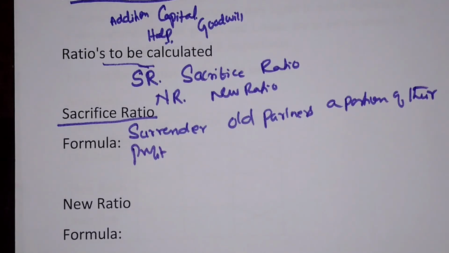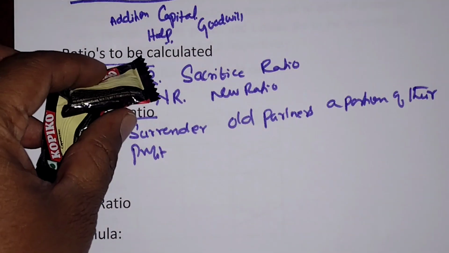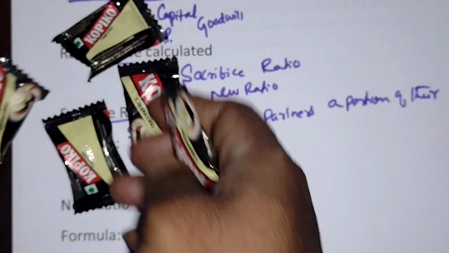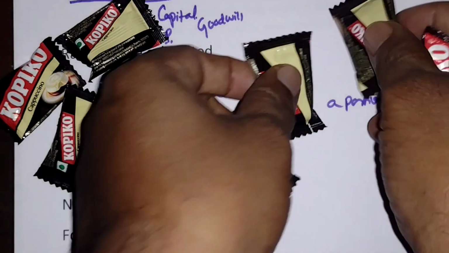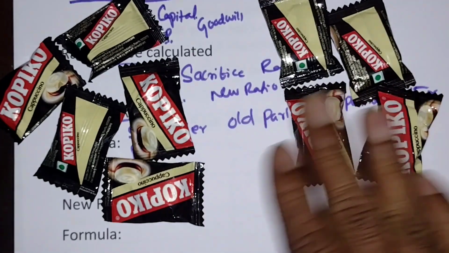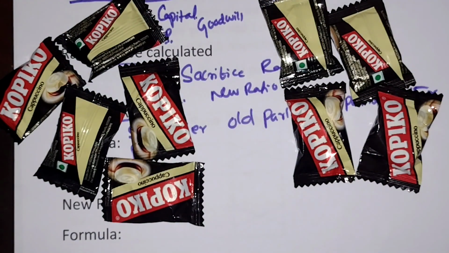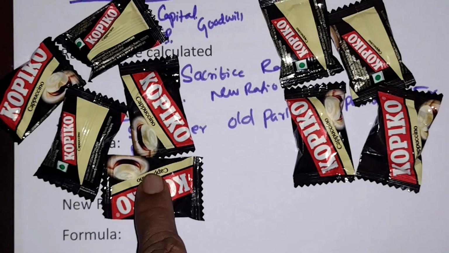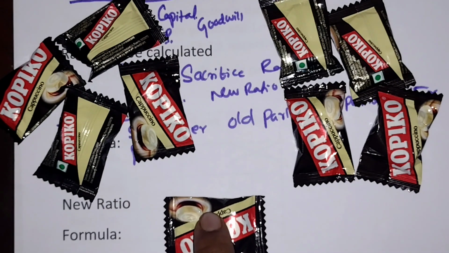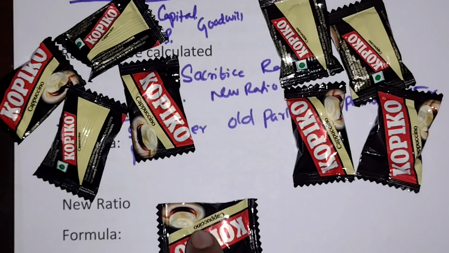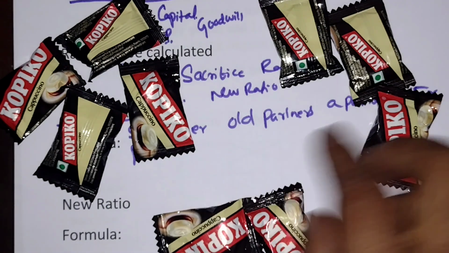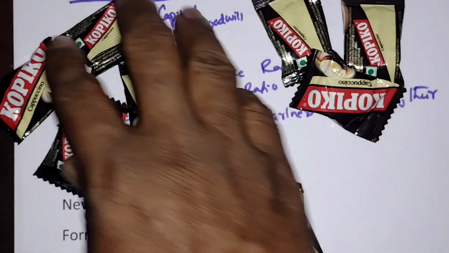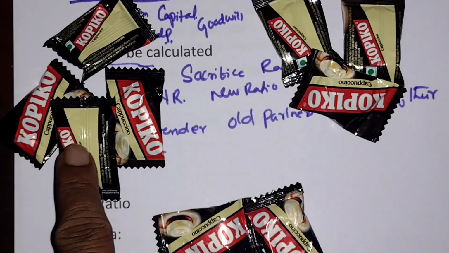Let me give one example. Mr. A is a partner. His profit is 5. Mr. B is a partner and his profit is 4. Now they want the support of another person. So from A, some portion of the profit will be surrendered to the new partner. From B, some portion of the profit will be surrendered to the new partner. Therefore, definitely their profit sharing ratio changes.